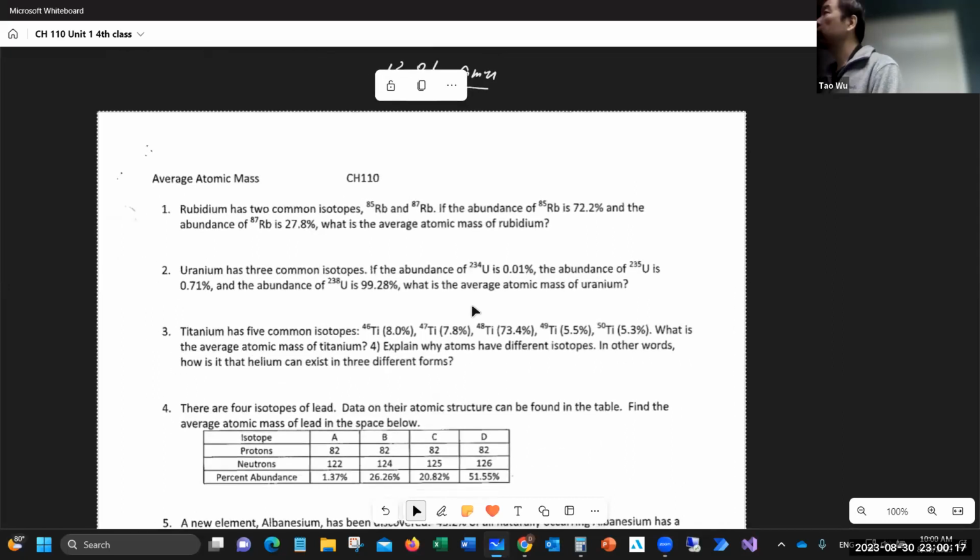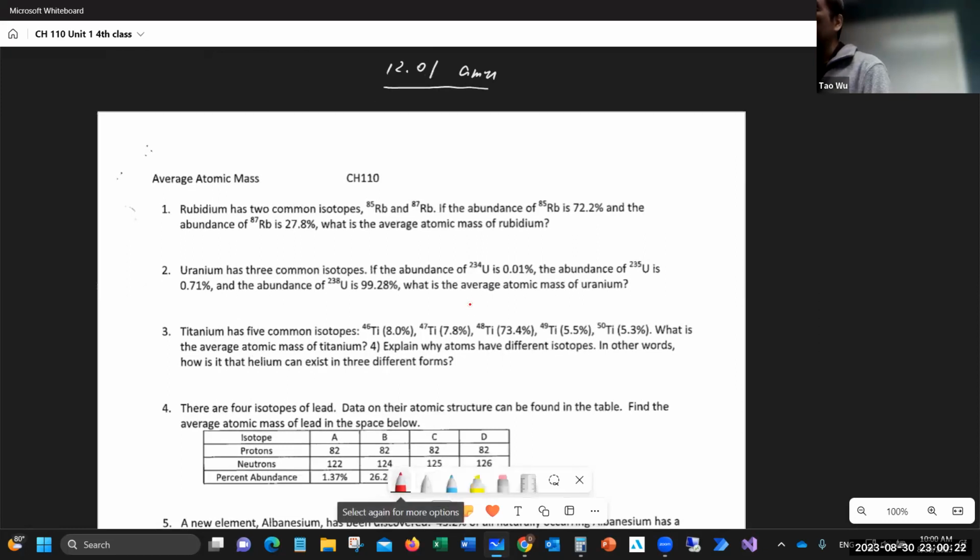Okay, so for the first one, it shows over here. Say we have rubidium, which has two common isotopes, rubidium-85 and rubidium-87. The abundance for each is already shown, and it asks what is the average atomic mass of rubidium. In general, this question didn't show the exact mass for rubidium-85 and rubidium-87.